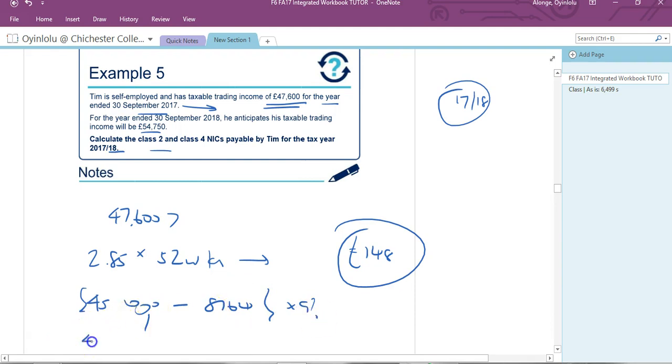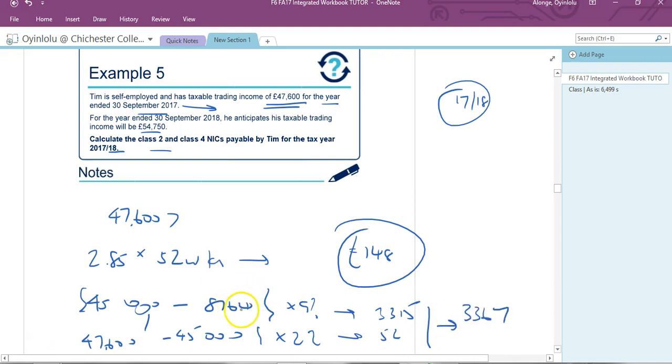And then you have the 47,600 minus the 45,000, multiplied by 2%. And that should take you to your figures. This comes out at 3015, and this comes out at 52. So add those two together, and that's it really with national insurance.